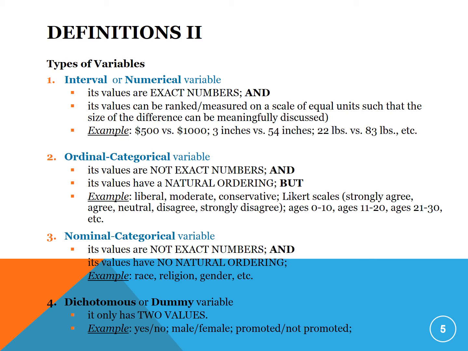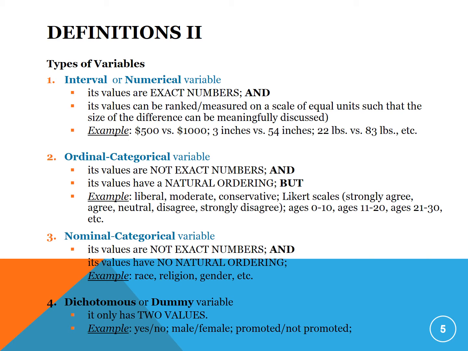But it's not interval because we don't know if that person is 38 or 35 if they selected a category that says 35 to 40. If they selected 0 to 10, we don't know if they're 0, 1, 2, 3, 4, 5, 6, 7, 8, 9, or 10. So we can only say that this is a categorical variable and specifically an ordinal variable.